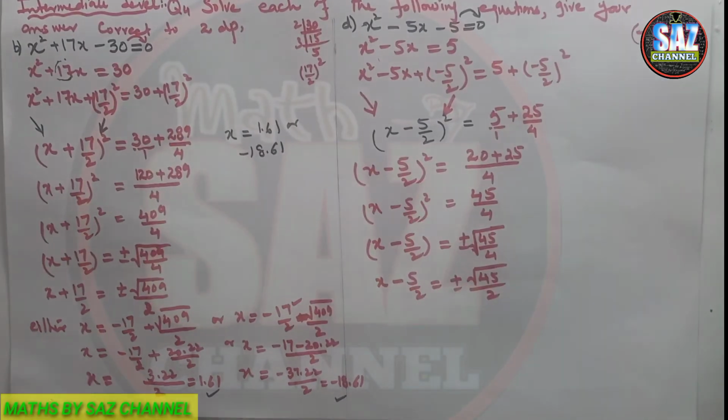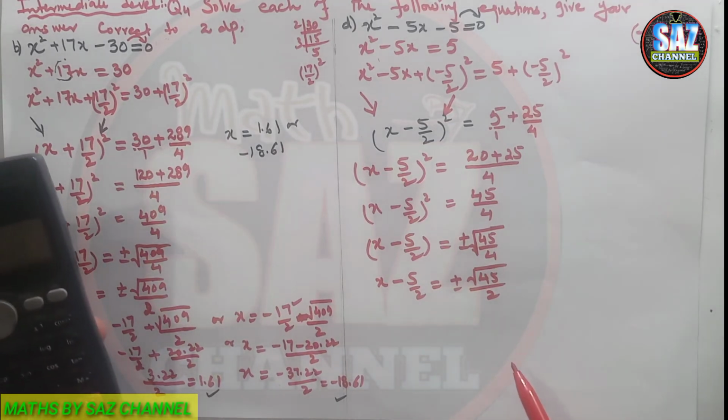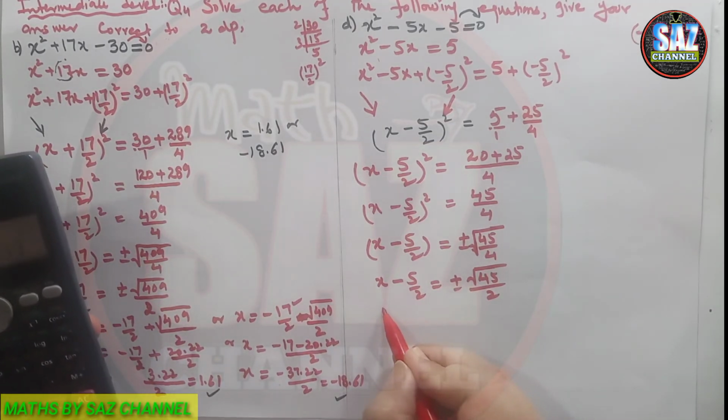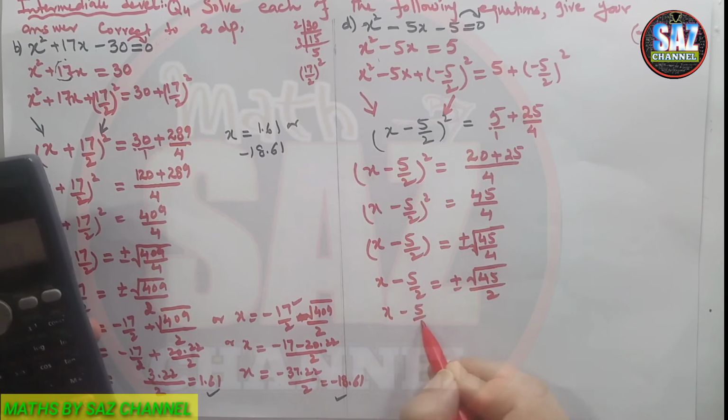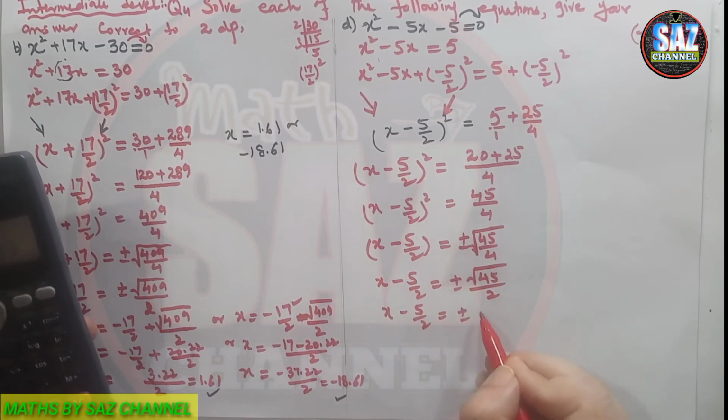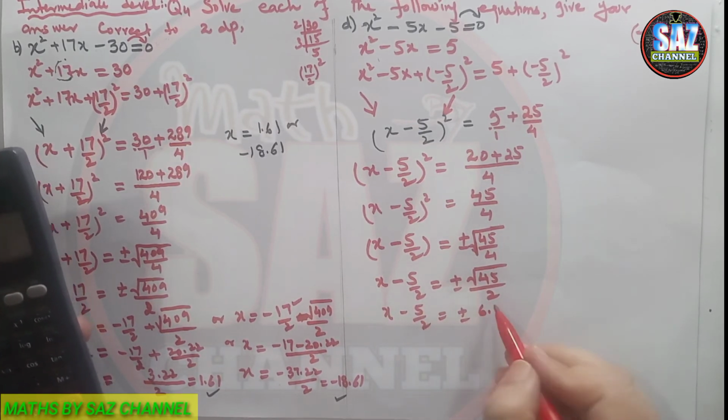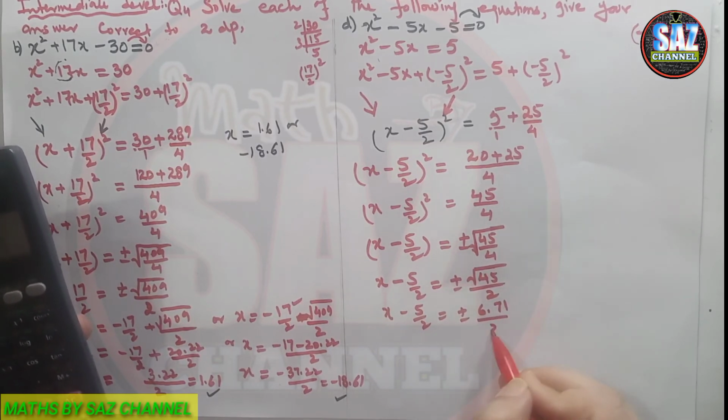Check the value of square root 45. Square root 45 is 6.708. So x minus 5 by 2 equals plus minus 6.71 by 2, because 6.708 divided by 2.